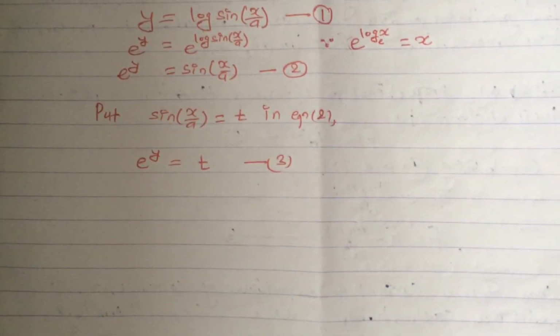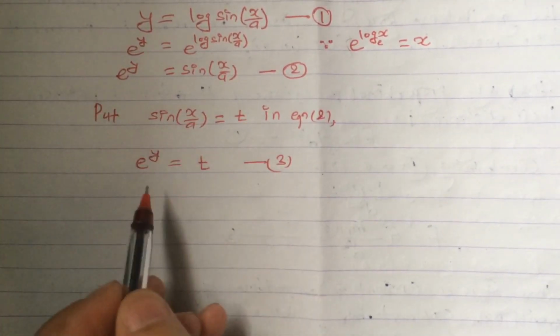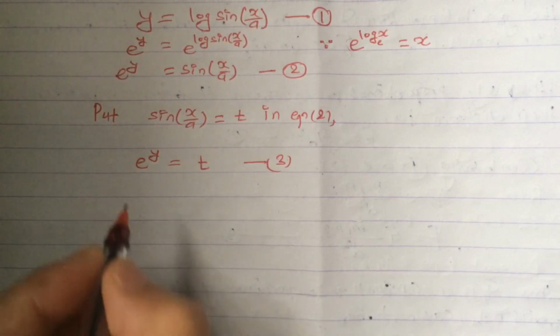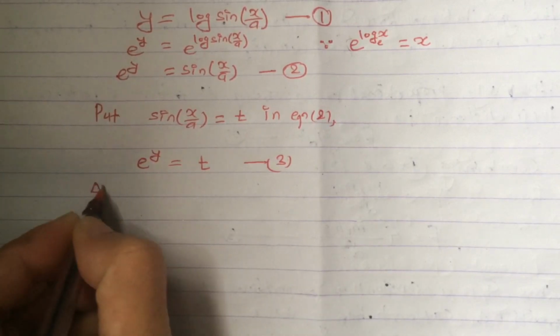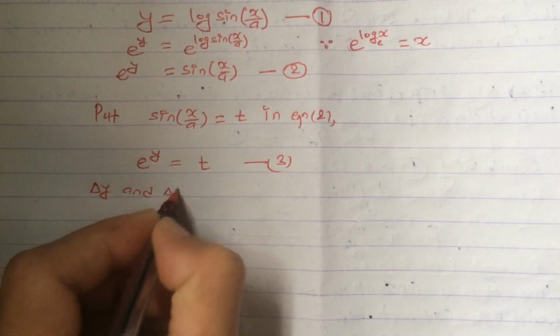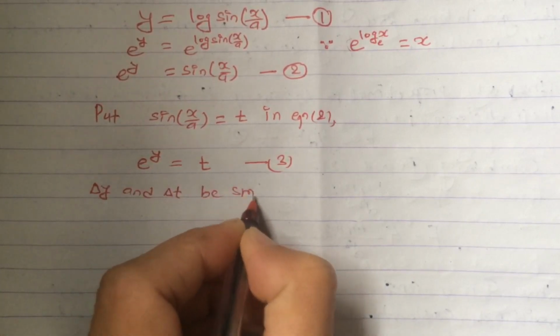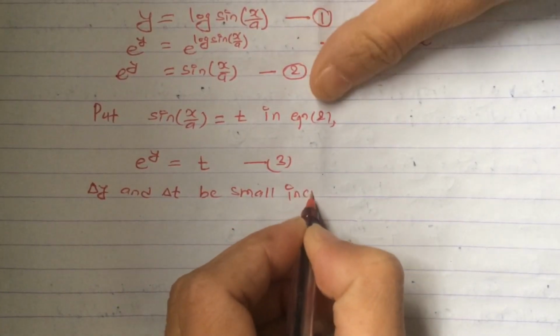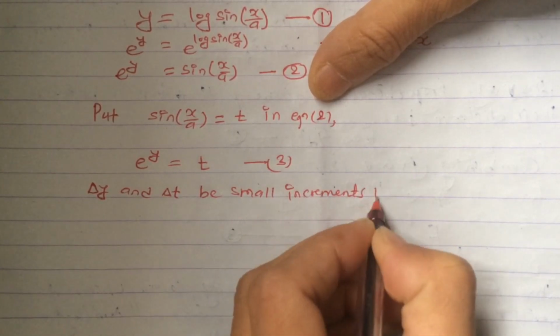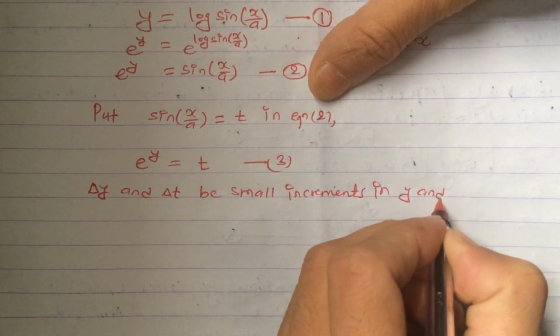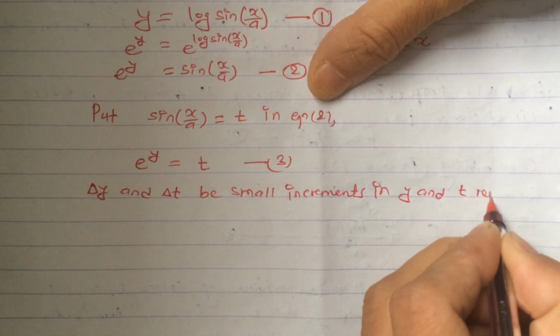Now we have to solve this equation by using first principle. For that, let del y and del t be small increments in y and t respectively.